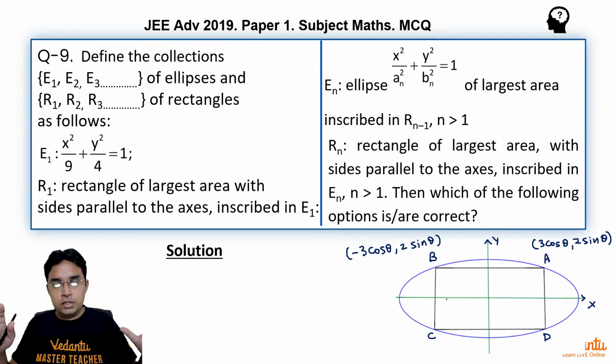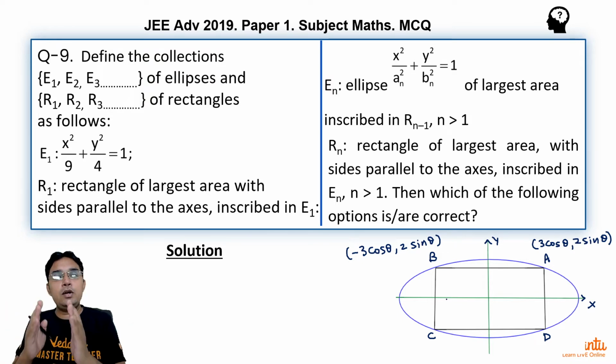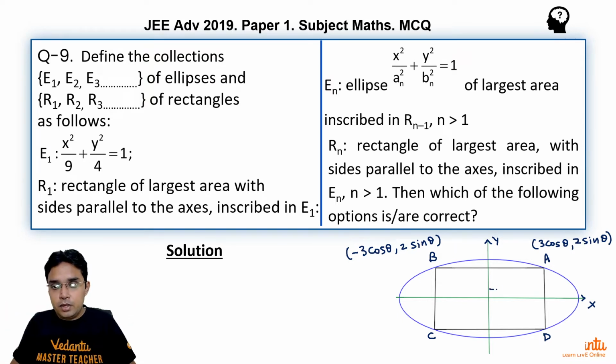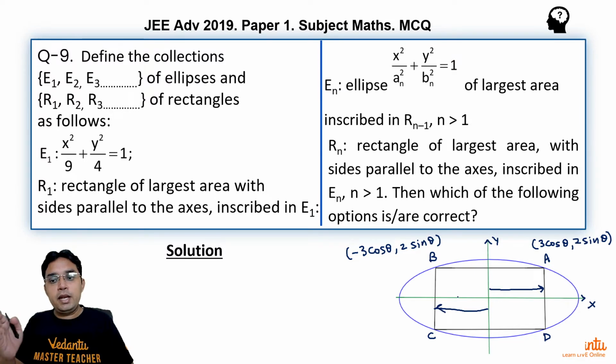They are chords of equal length and they both are parallel to y-axis. So one has to be on the right side of y-axis and one has to be on the left side of y-axis with equal distance from y-axis. So their x coordinate should be the same, only the difference would be of minus sign. So that is the reason why B has x coordinate that is minus of x coordinate of A.